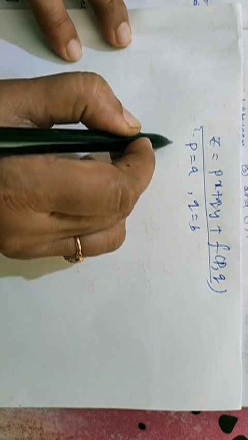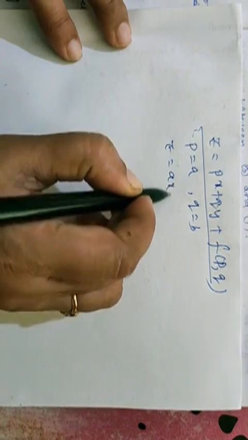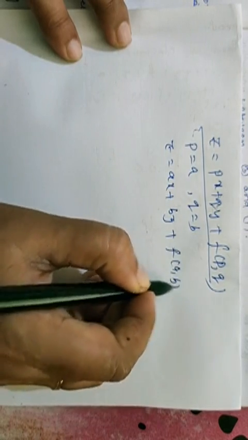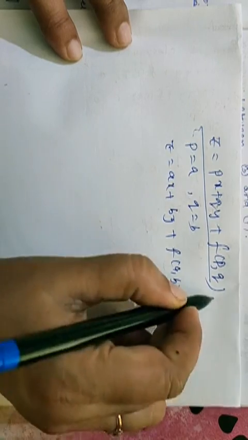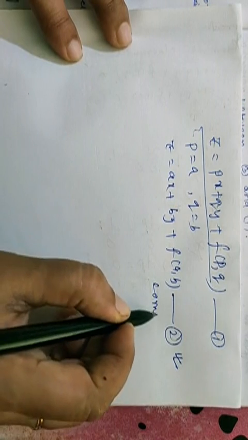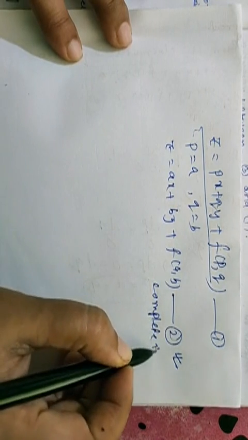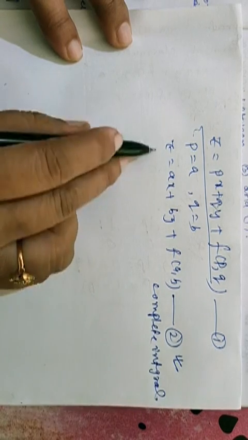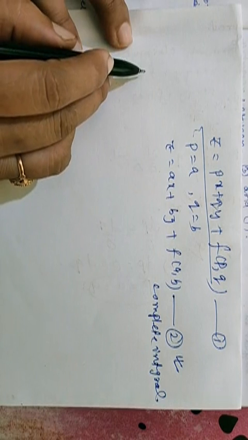So what we get is z is equal to ax plus by plus f(a,b). This is the complete integral.